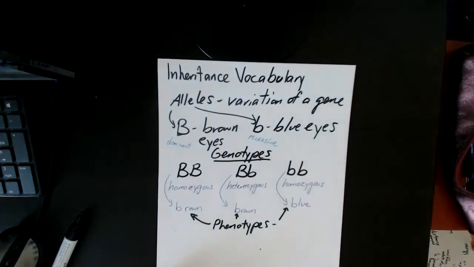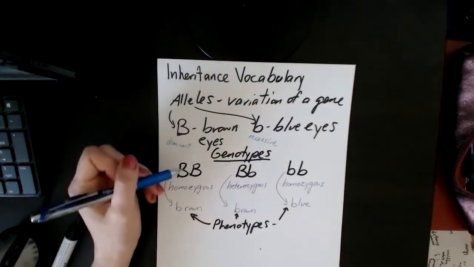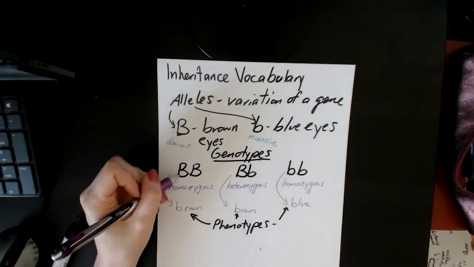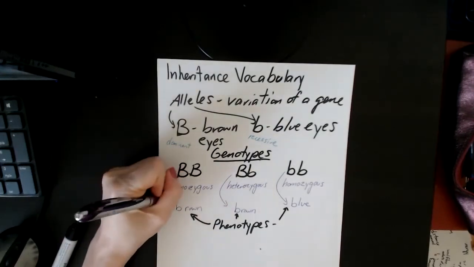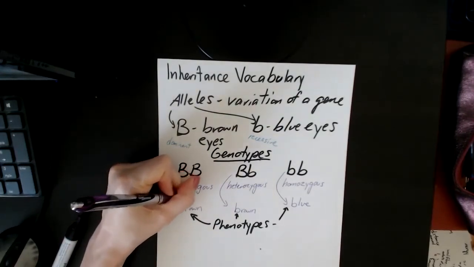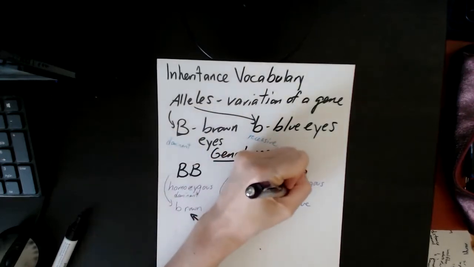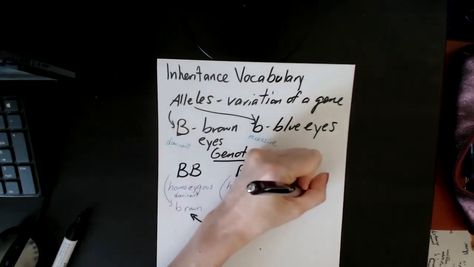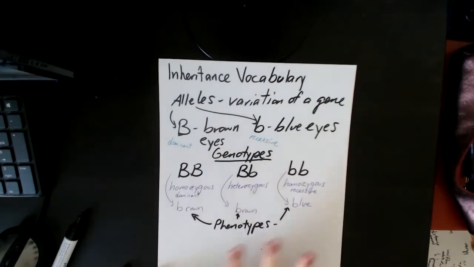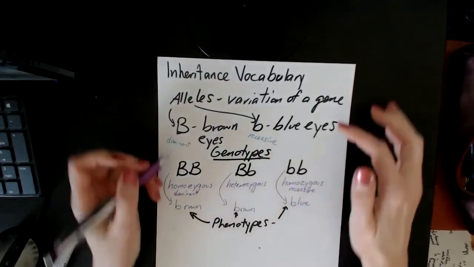So when I said that these were homozygous, that's true. But if you have two of the dominant, then that's homozygous dominant, and this is homozygous recessive. Heterozygous is just heterozygous. There's no second part of that.